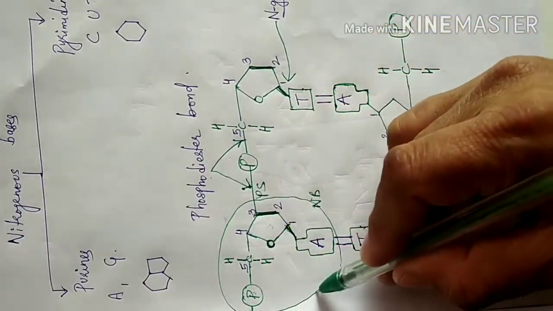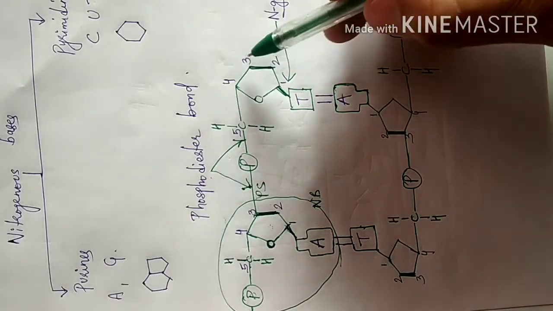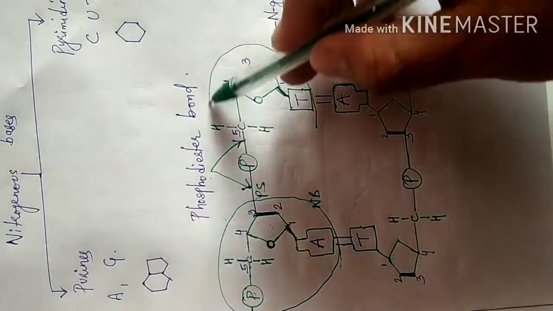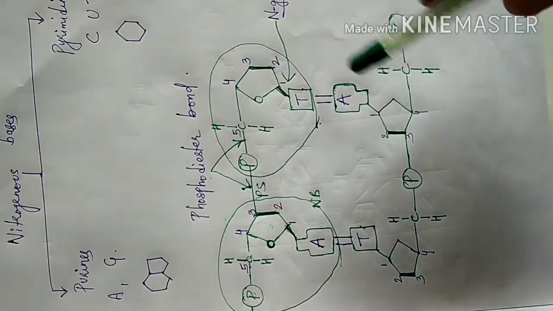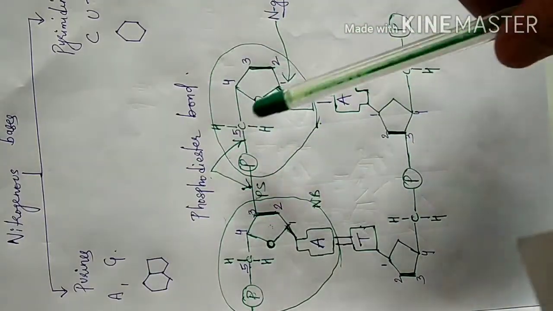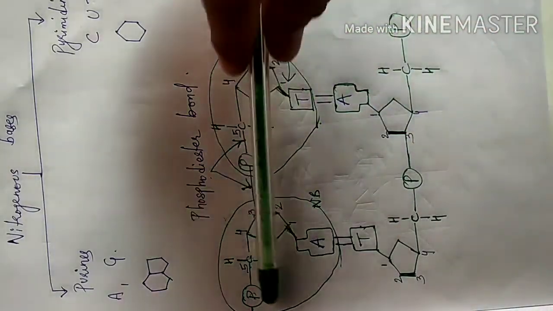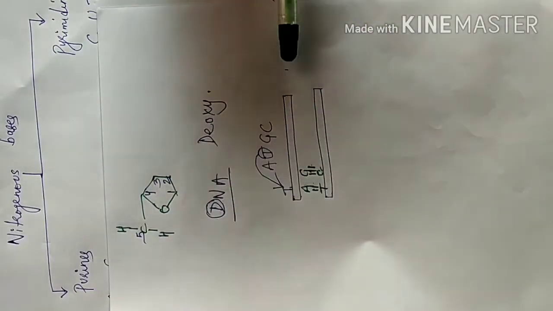So this was one nucleotide. So this is connected to another nucleotide here, okay. So the second nucleotide, and we said there is a phosphodiester bond which connects these 2 nucleotides, and then this forms one helix, okay, one helix of the DNA.